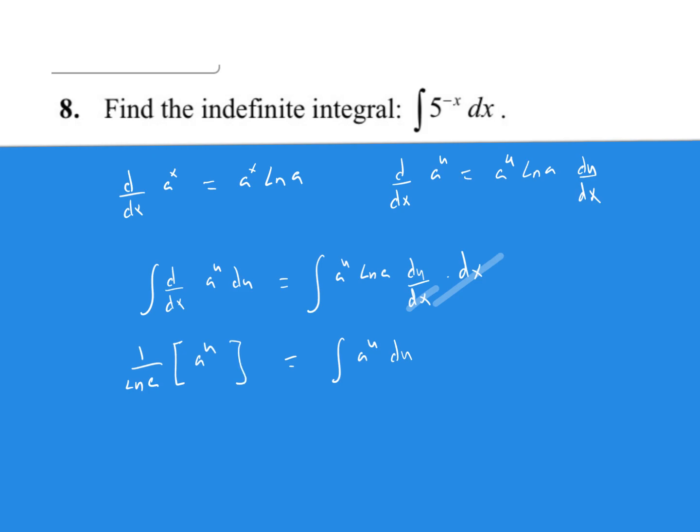This is the integral. Okay, let's go apply this equation.